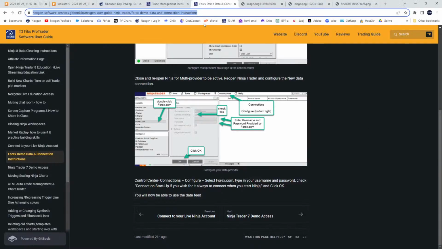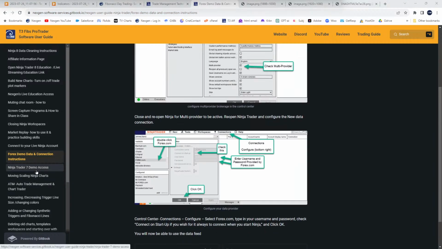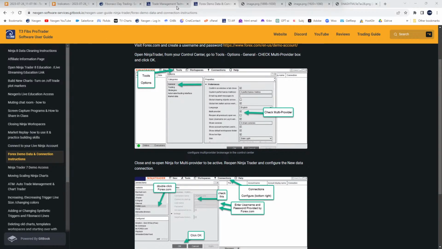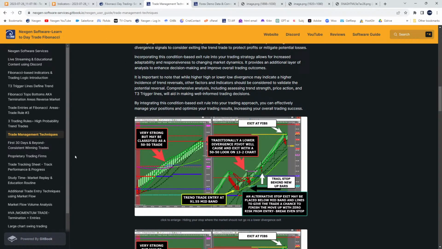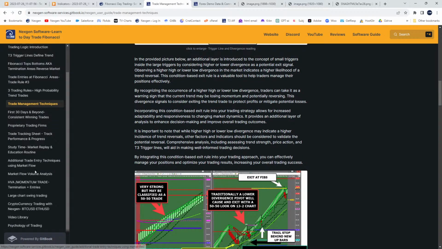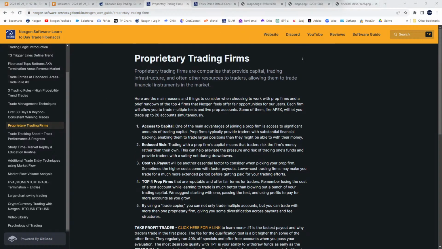The second thing that I added into the user guide, I just want you guys to see this. I don't know if you have or you haven't, that's fine. I'm going to show it to you anyway. I added a little section for prop firms in here.